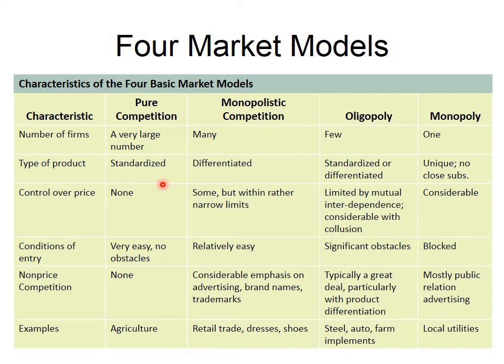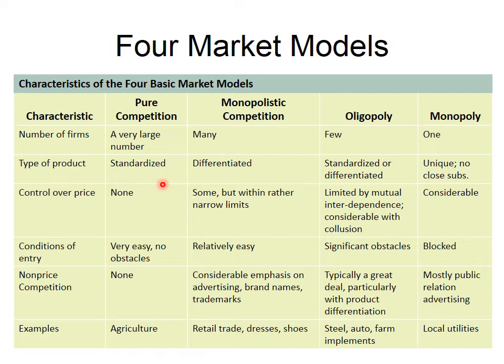They have largely uniform products. There's some differentiation, but not much. In a monopoly, you have a unique product with no close substitutions. Monopolistic competition, the key to understanding the difference between the perfectly competitive market and the monopolistically competitive market is, in a monopolistically competitive market, the products are differentiated.